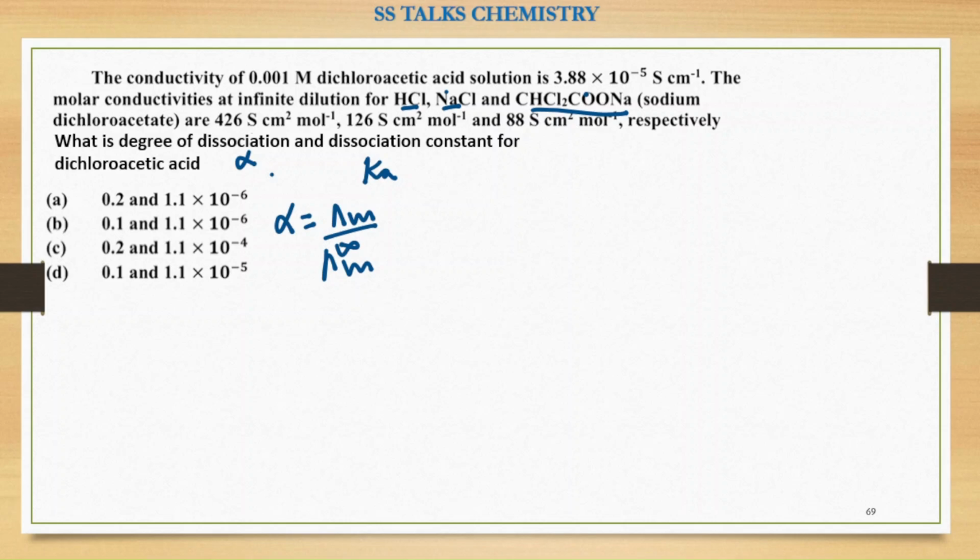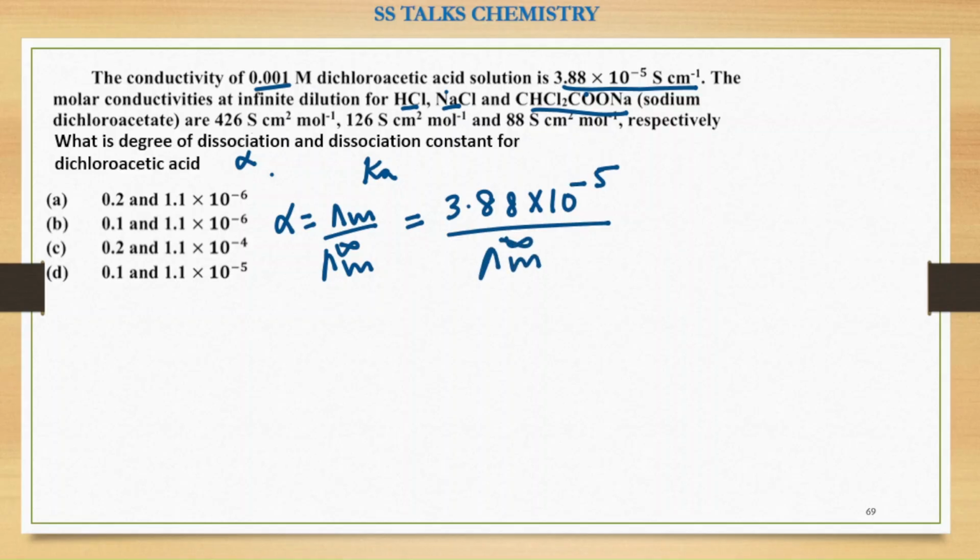The conductivity of this much molar dichloroacetic acid is already given to us. That means the lambda m value we have is 3.88 into 10 raised to the power of minus 5. This one we need to find out. Right. So now for this particular electrolyte, which is dichloroacetic acid, that means CHCl2COOH, we need these ions, and the H positive you can get from HCl. The anionic part will be coming from the sodium dichloroacetate, CHCl2COONa.